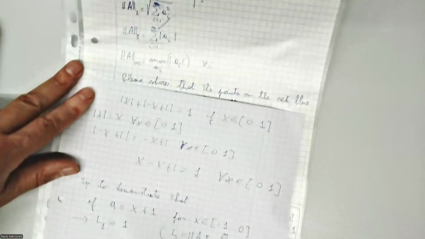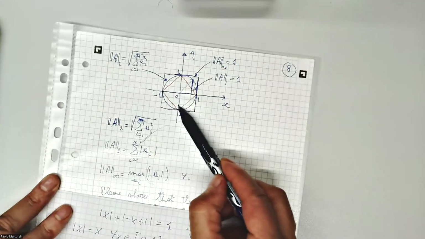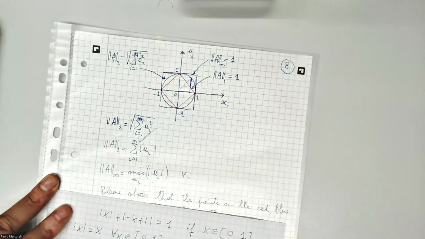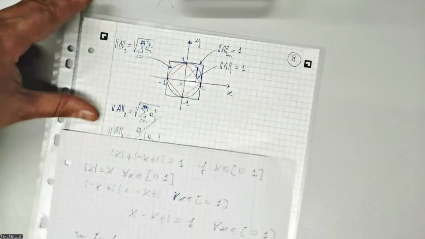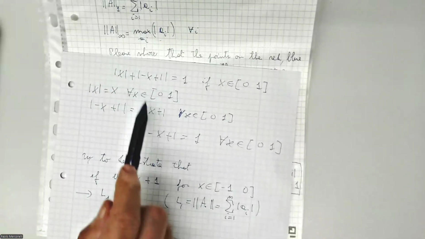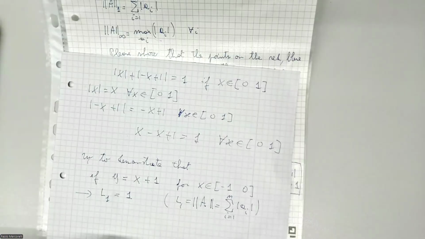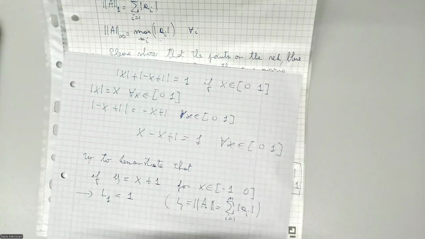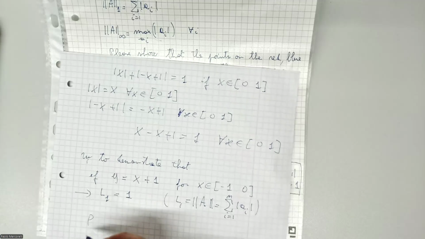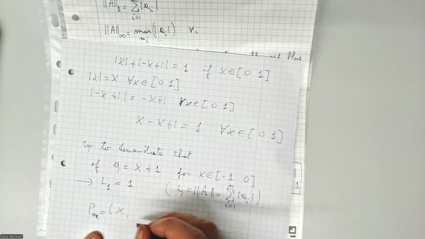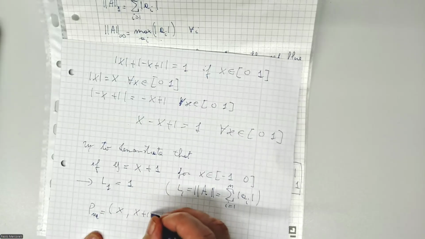And if you want, you can try also for this segment here, and this segment here. If I find it next time, I will show you the solution. But believe me, it's extremely easy. The consideration is always the same. Here, the point, the red point this time, is characterized by x and x plus 1, two components.